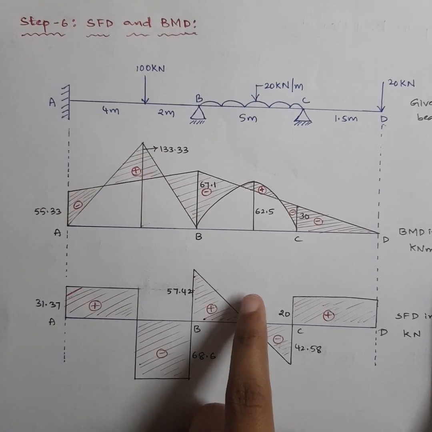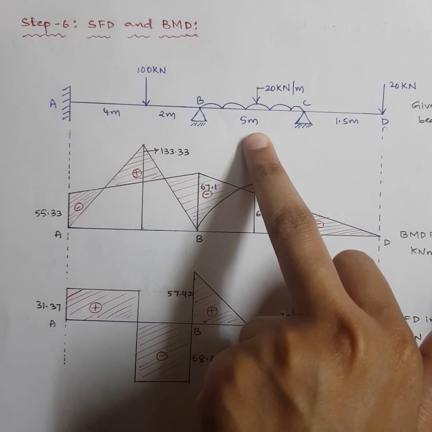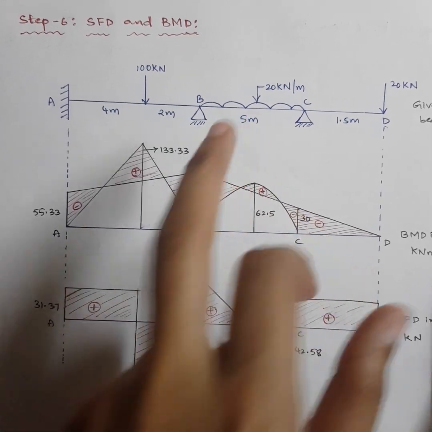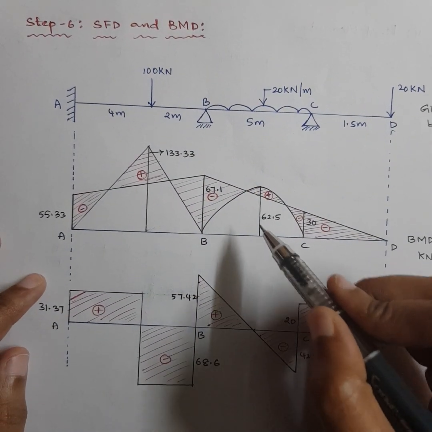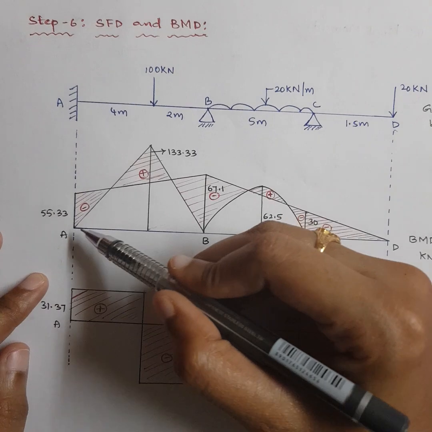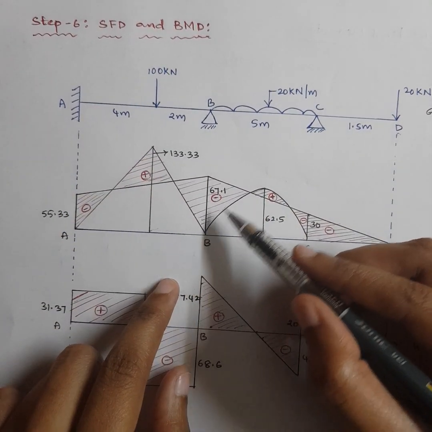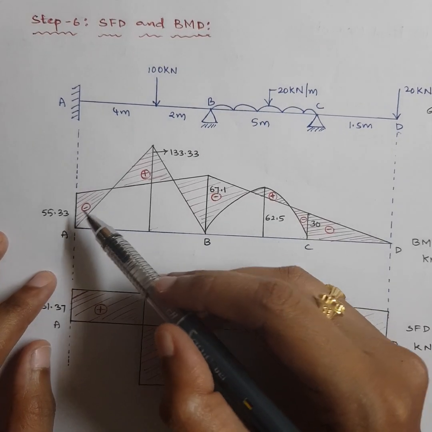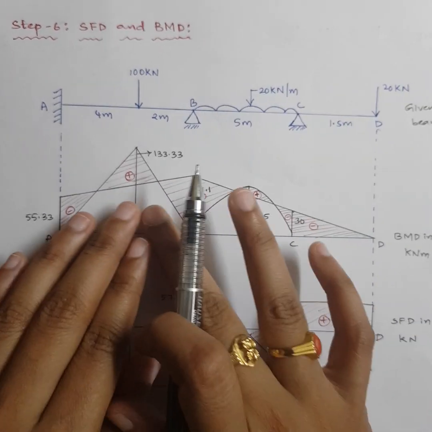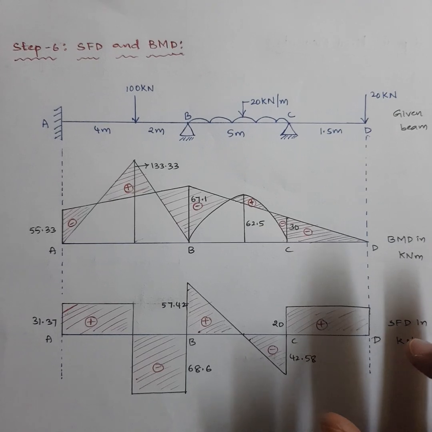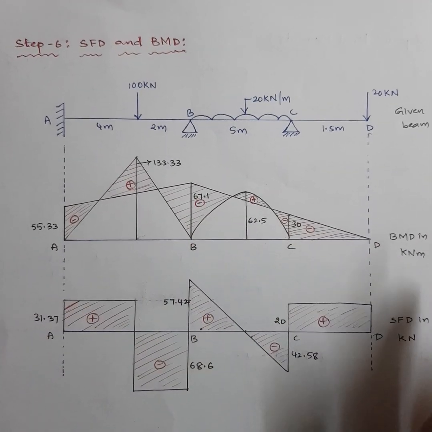Erect 133.33. Then we have calculated the bending moment in the span BC. The ordinate formula was WL square by 8. We got 62.5, so erect 62.5. Now just draw the bending moment diagram, a triangle like this, then draw a parabola like this. Whatever is left over, all the rest got removed. This is called the net bending moment diagram.